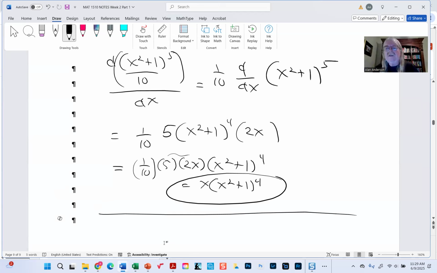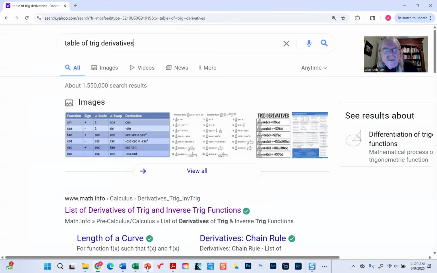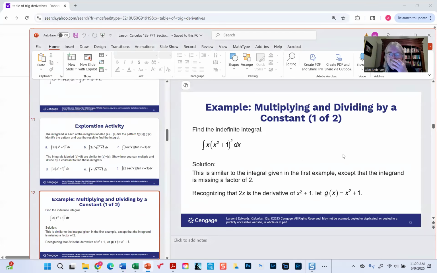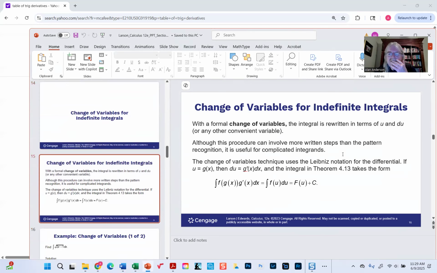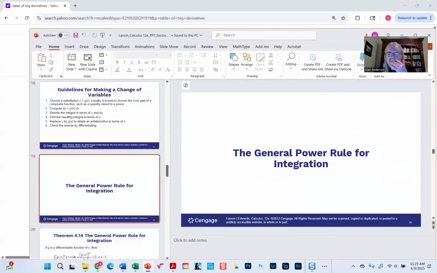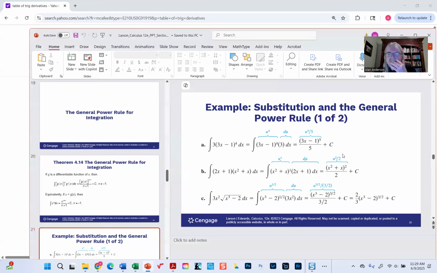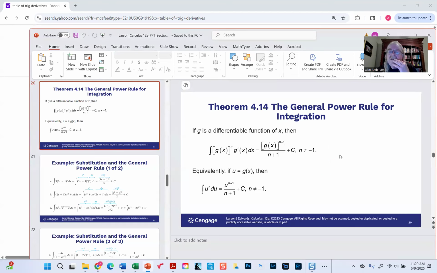Now, we're running out of time for this session, but let's see what's coming next. We're so close to being done reviewing. We still want to look at, well, they're introducing the so-called general power rule.